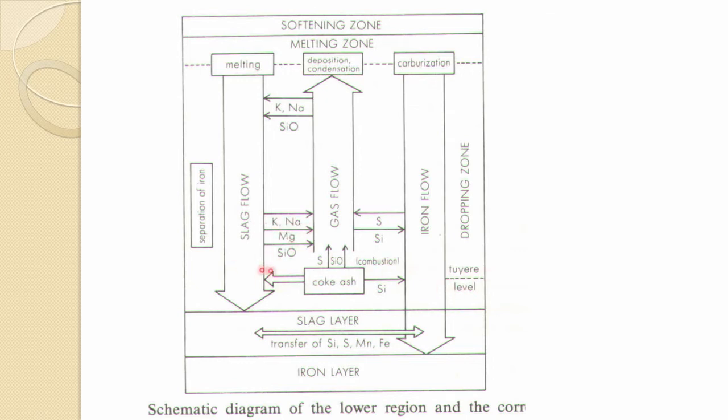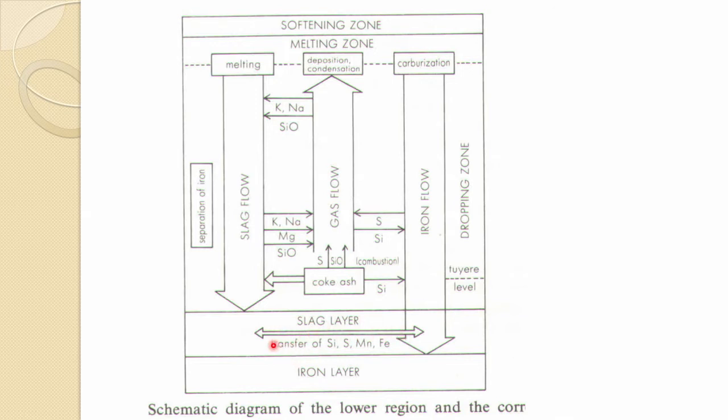So, we are talking here near the tuyere level where temperature is high. Potassium and sodium get recirculated, and when it settles down into the hearth, iron goes to the bottom and slag floats on top of the iron.